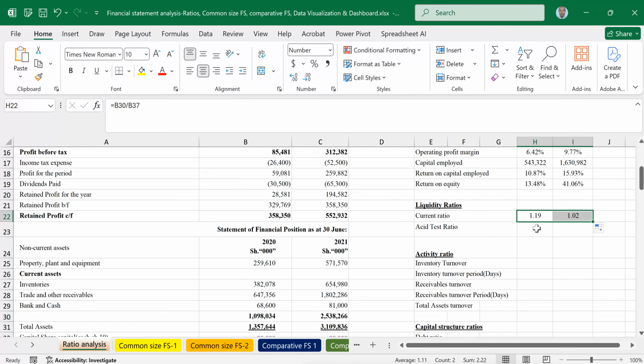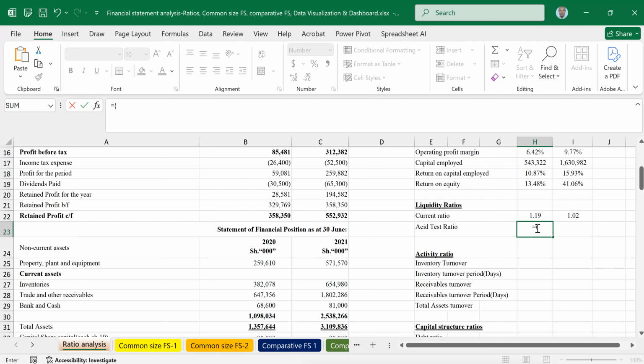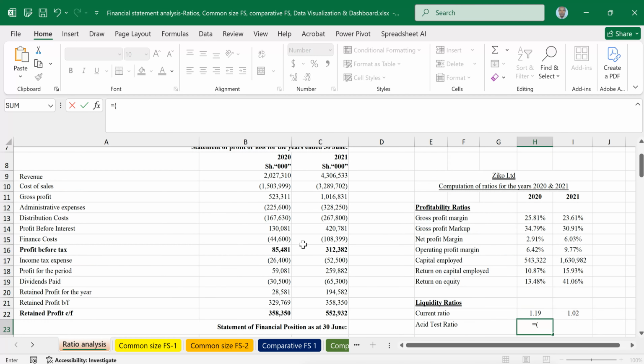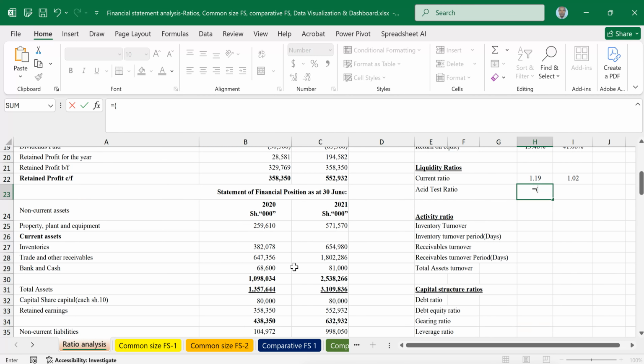Now for acid test ratio, it will be equal sign open bracket, because you deduct inventory. So that means equal sign bracket. Current assets, the total current assets minus inventory. Inventory is 382. Close those brackets.